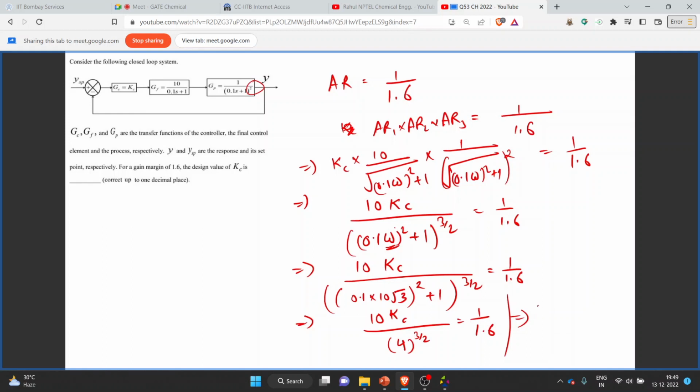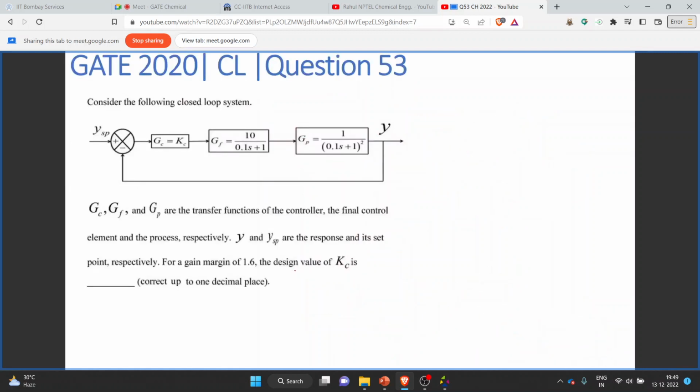So Kc will be 8 upon 10 into 1.6. So the final value of the controller gain, we can write, is 8 upon 16, it will be 1 by 2, that is 0.5. So for the gain margin of 1.6, the design value of Kc is 0.5, our final answer.